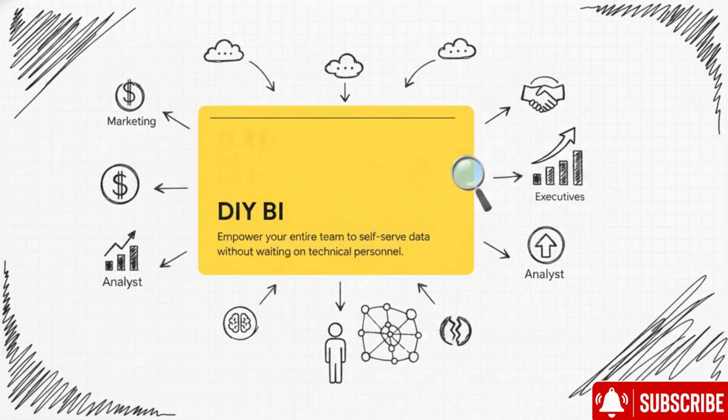It means the entire leadership team can track their specific objectives and key results in real time. Marketing can check their ad spend, sales can monitor pipeline velocity, and execs can view high-level health metrics, all without ever filing a ticket to the data team. The analyst is finally free to actually be an analyst, not just a human report generator.